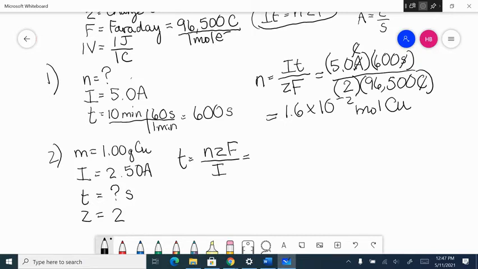So 1 divided by 63.5 gives me 0.01575 moles of copper times a charge of 2 times 96500 coulombs per mole of electrons.